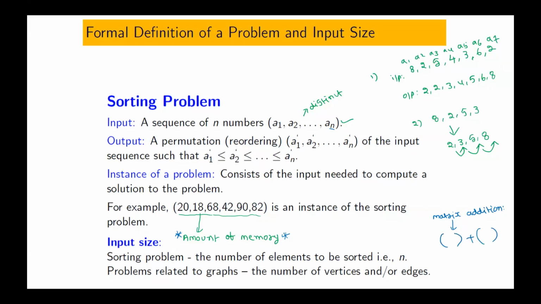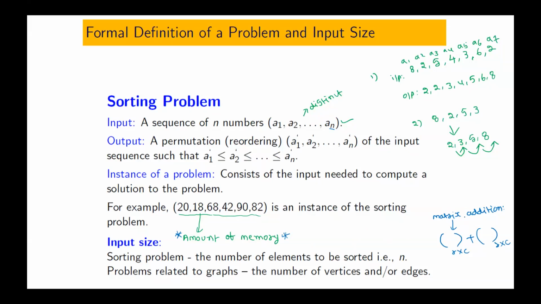Here each matrix will have some number of rows and some number of columns. Here it is the same number of rows, same number of columns. Is it 1 parameter as given in the sorting problem, or more than 1 parameter? More than 1 parameter. So input size can be 1 parameter, or it can be more than 1 parameter also.